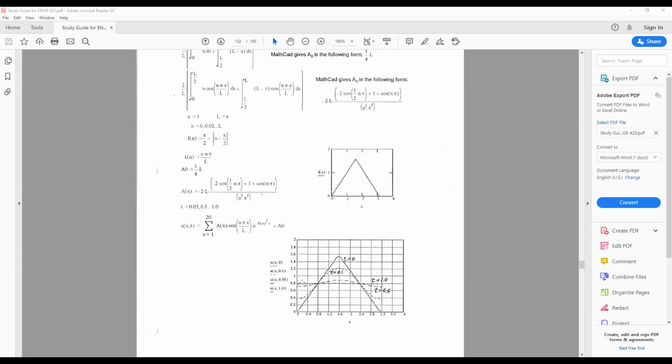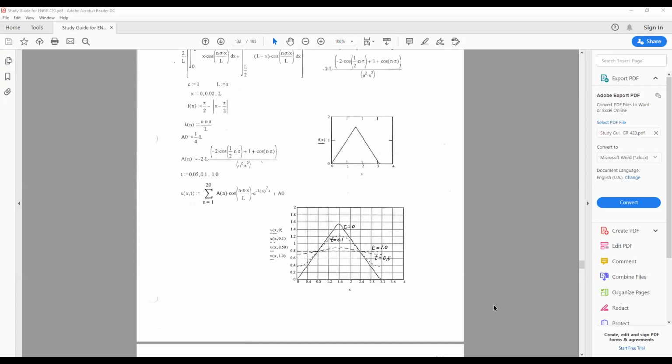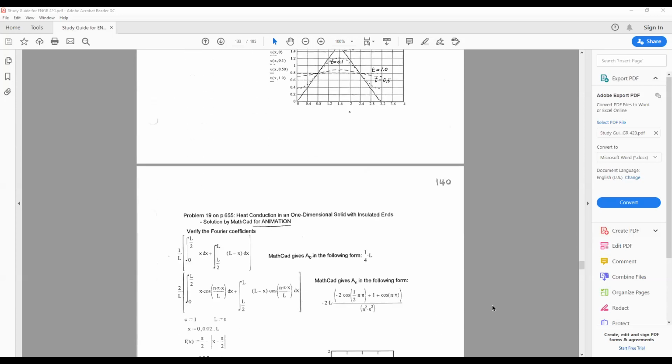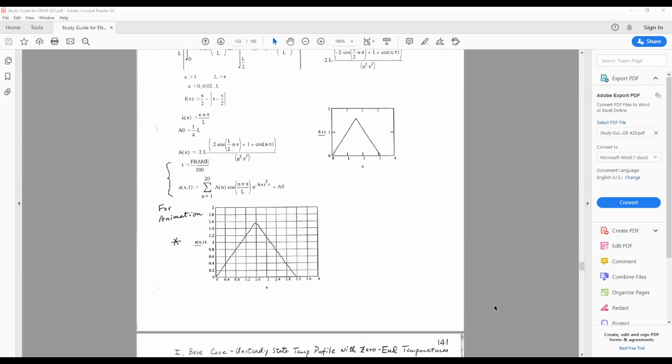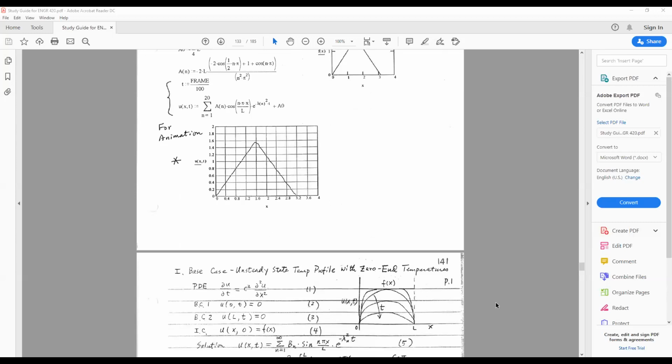Eventually, it reaches the same temperature within the object. Okay, so this is different from the last example where the two ends are kept at 0 degrees. This is an animation. I'm not going to talk about it.